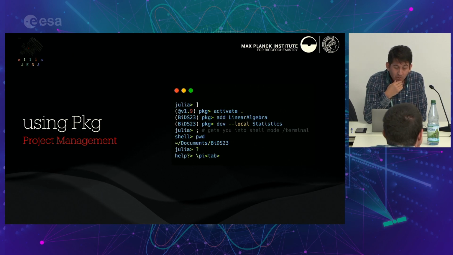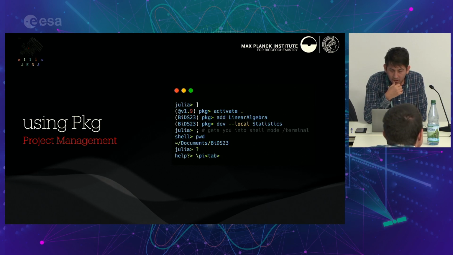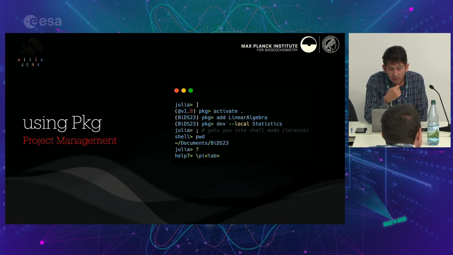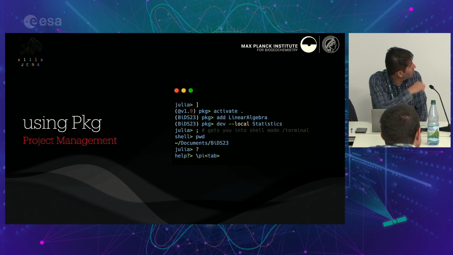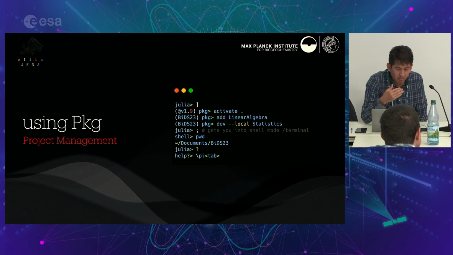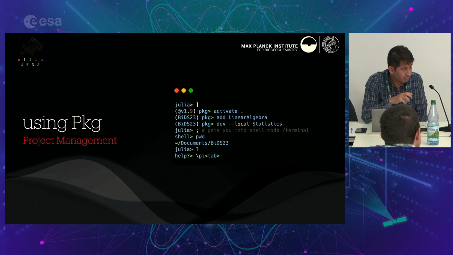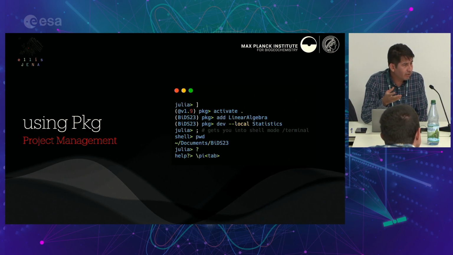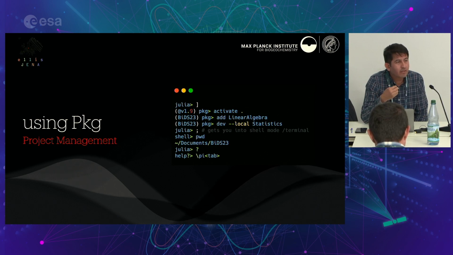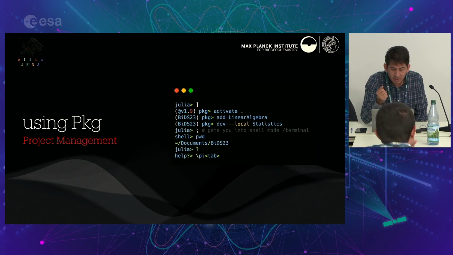And in this project management environment, you have different modes. We have the package mode, that's how we call it, when you add packages or develop packages. You have the shell mode when you want to move to different directories, to create new folders, to move around your system, basically.